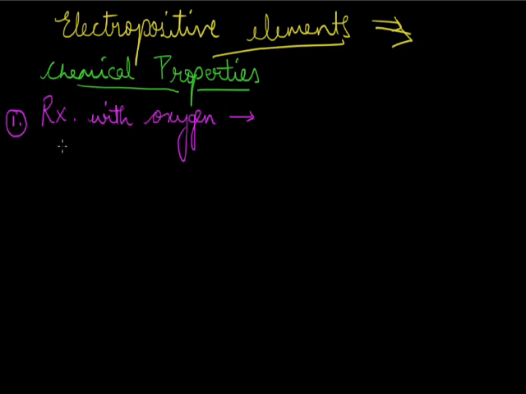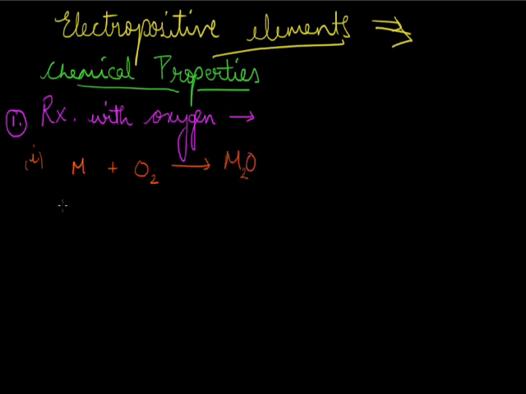Let us take the example of sodium and potassium. They react very violently with oxygen. So the first category we are discussing is metals which react violently, that are placed high in the reactivity series. Metal plus oxygen will give you metal oxide.